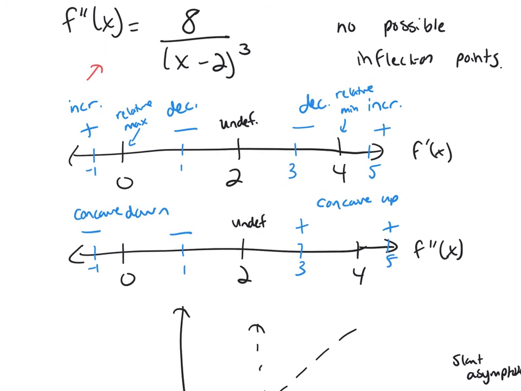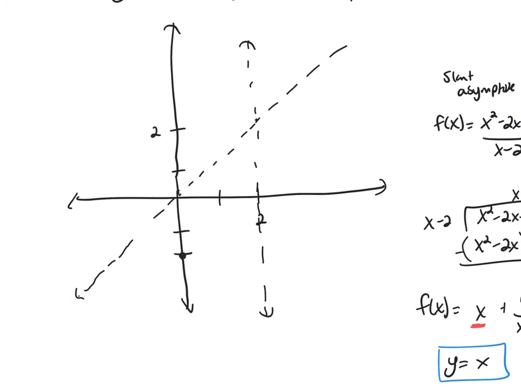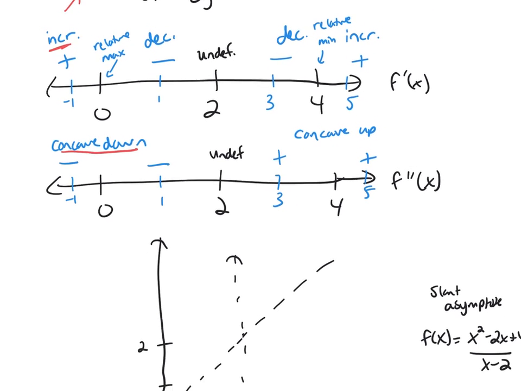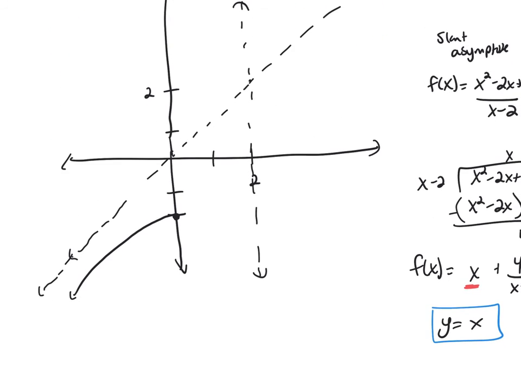My graph is increasing and concave down, but it's going to want to go to this asymptote, so it should be increasing and concave down. Okay, and then after that it switches to being decreasing, but it's still concave down.